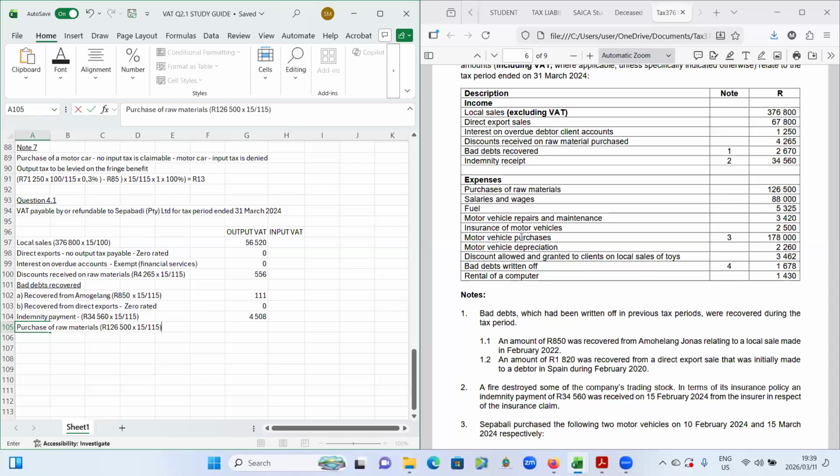So VAT is very simple. So 126,500 multiplied by 15 over 115 is 16,500. Just remember, this is input tax. There are input tax implications, remember, it's expenses.